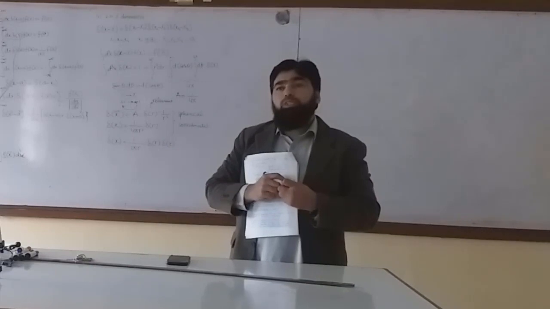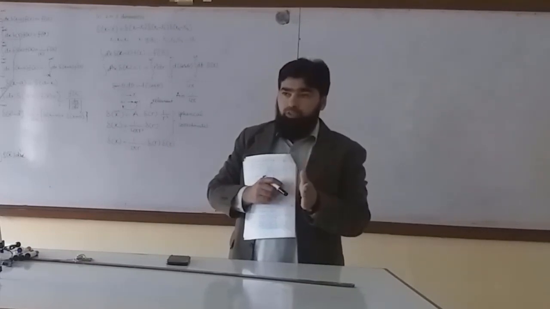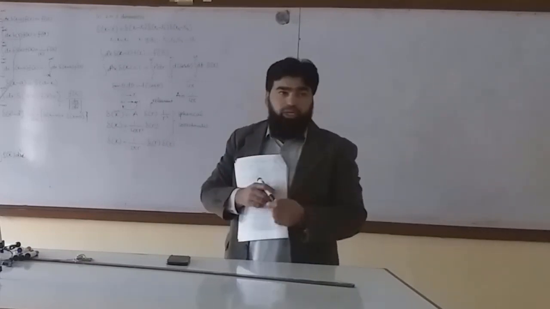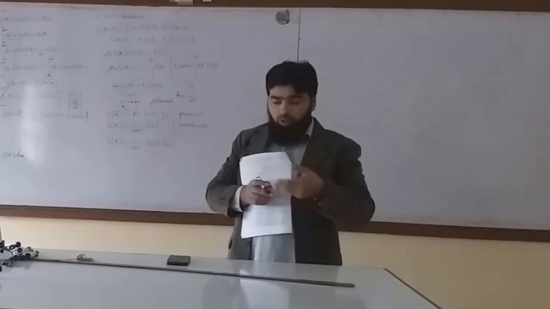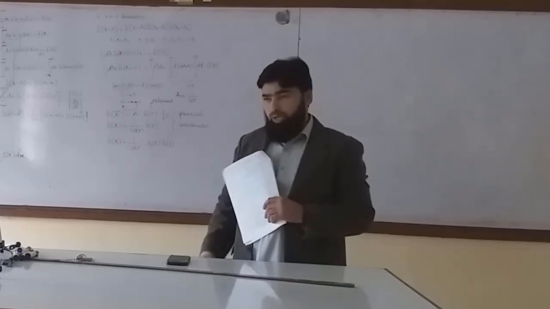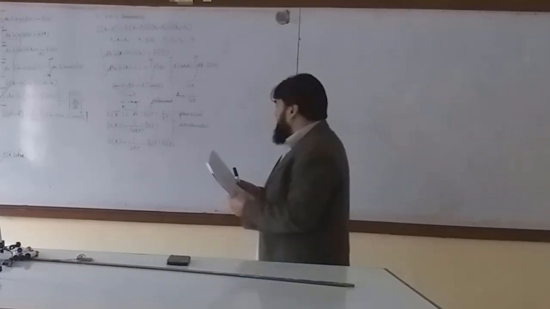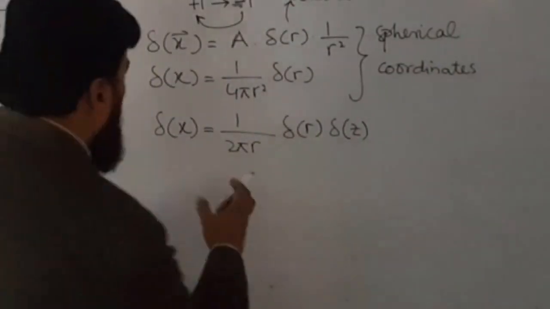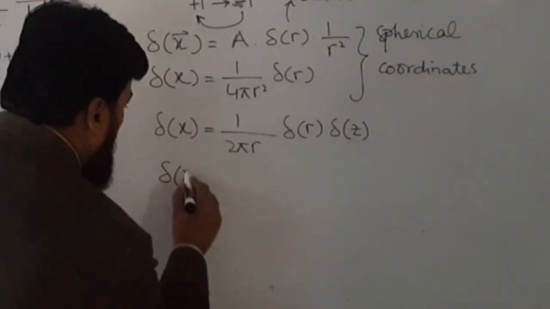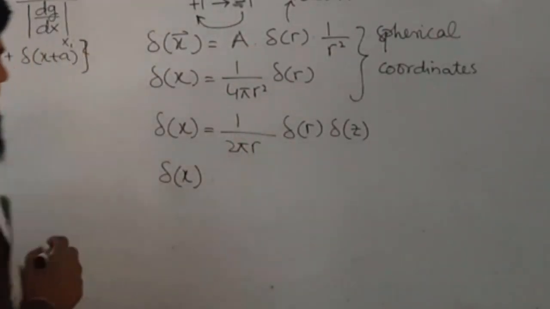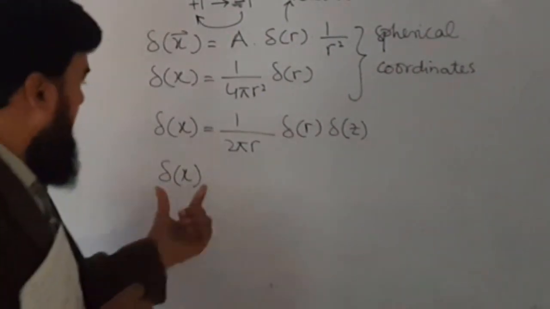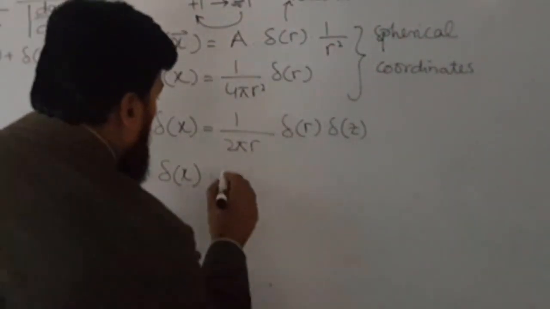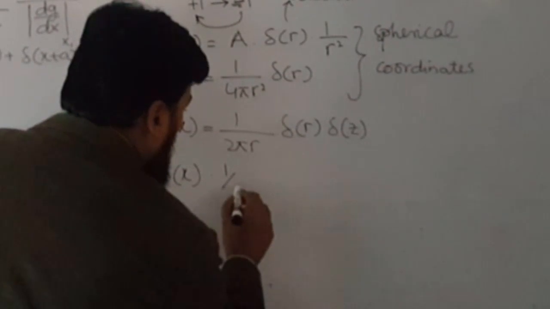So the dimensions of the delta function are always the reciprocal dimensions of its domain. If it is only delta x, then it will have the dimensions of 1 over x.